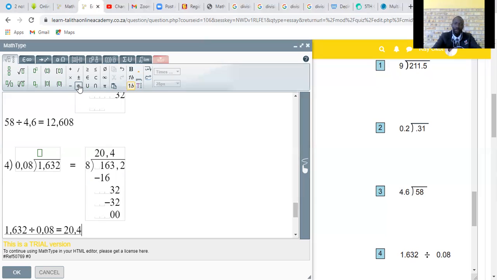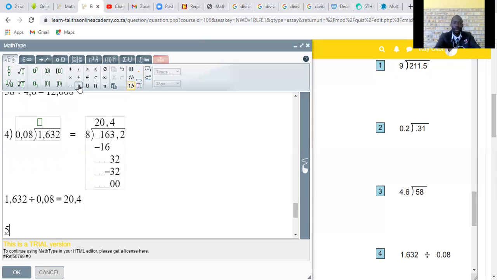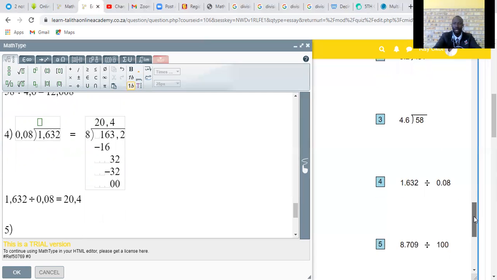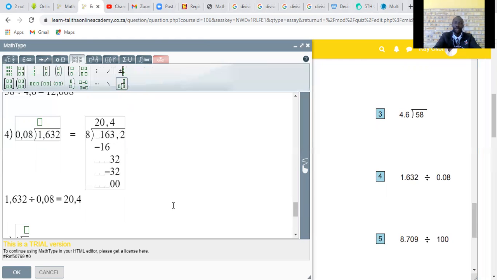Now, I'm giving you one task, that is activity 5. Please go ahead and handle activity 5. Activity 5 is given right here. We have to divide 8.709 by 100. Please go ahead and do the division.